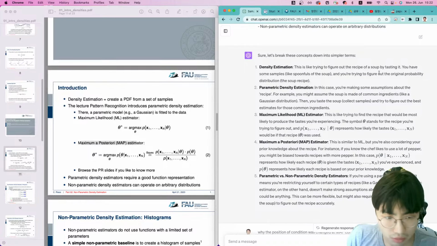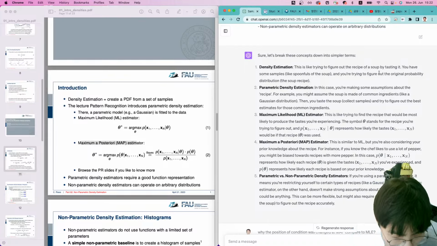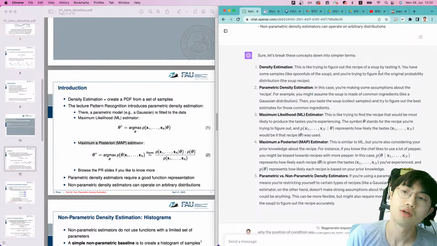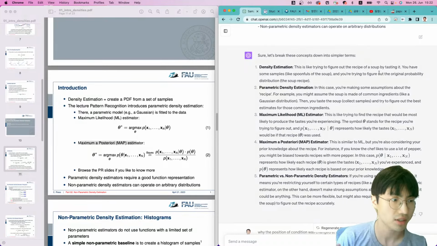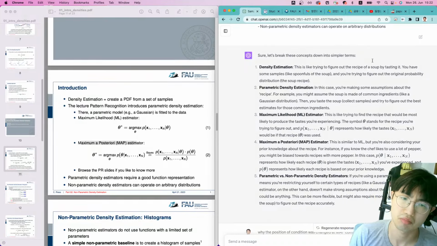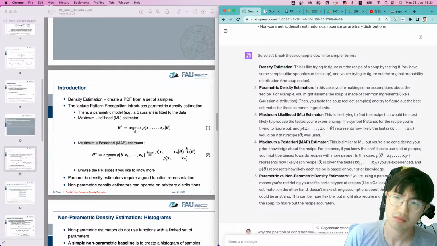So here we figure out the recipe, which is the model parameter, from the data, which is the taste of the soup. The taste of the soup is the data, x from x1 to xn, and zeta is the recipe that we want to figure out.